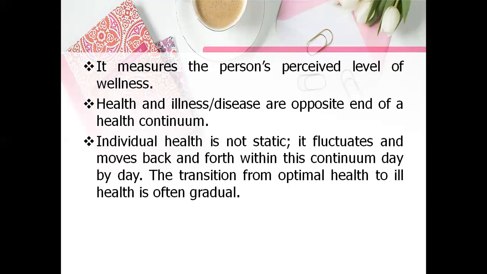And the transition from optimal health to ill health is often very sudden. You might not even realize it. At one point of time you might feel very good, but suddenly after a few hours you might feel very sick. So this health illness continuum says that our individual health is always moving back and forth within the continuum.